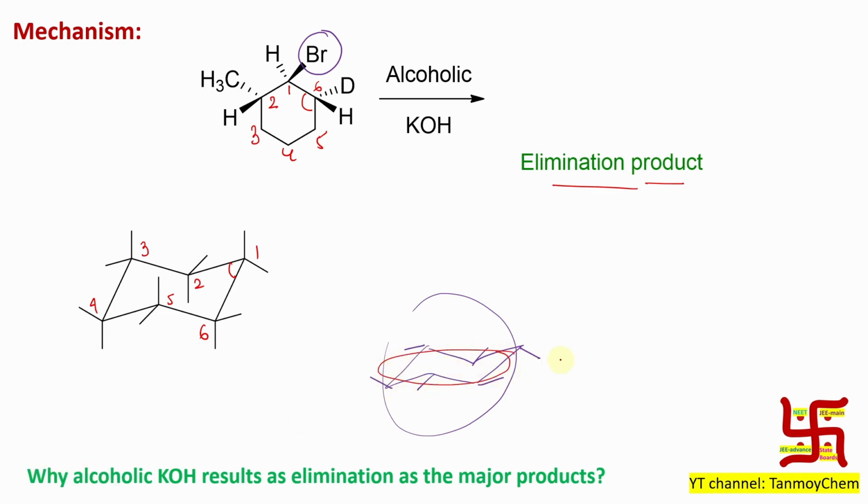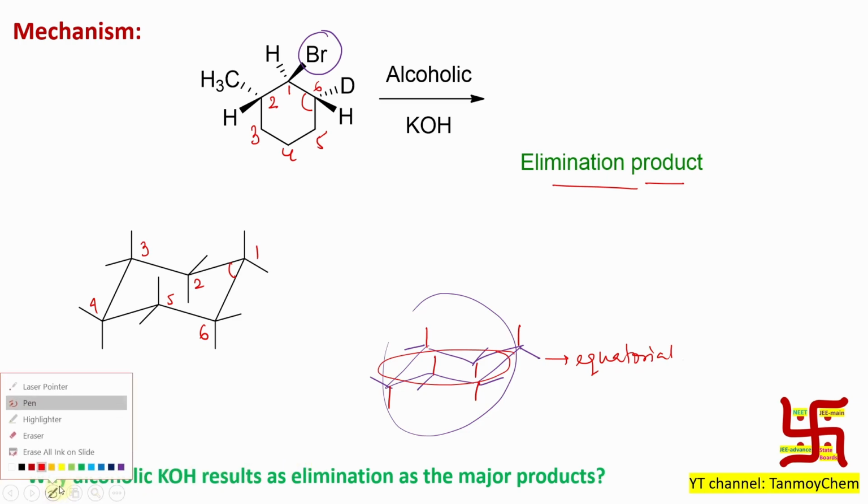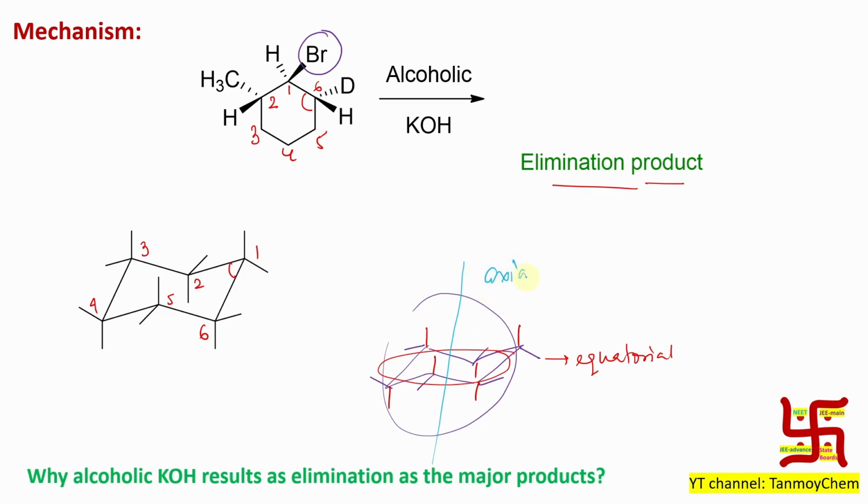That's why these bonds are called equatorial bonds. These bonds above and below are parallel to the axis of the planet, so they are called axial bonds. Remember, these two axial bonds are opposite, meaning anti-orientation.